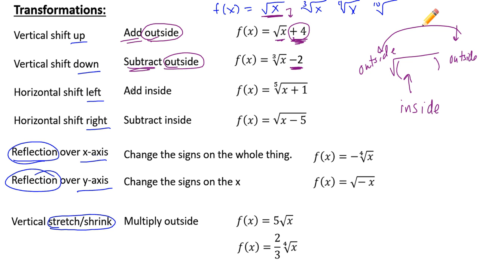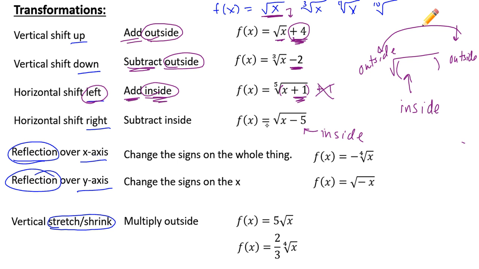Then there's horizontal shift left, which is adding inside. So you'll notice here inside the radical, the change is that we've put a +1. It's not a +1 out here. It's a +1 on the inside, which makes it a horizontal shift left. Now notice that seems a little awkward. We're adding a number and it's moving left. That feels a little backwards. Notice down here when it's got x - 5, that's inside.